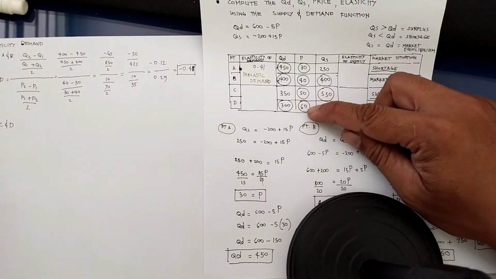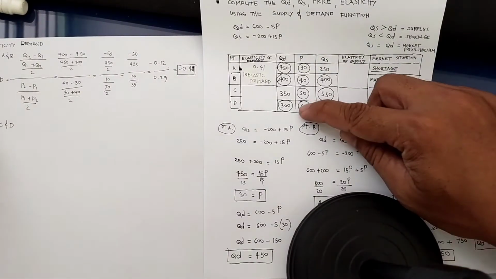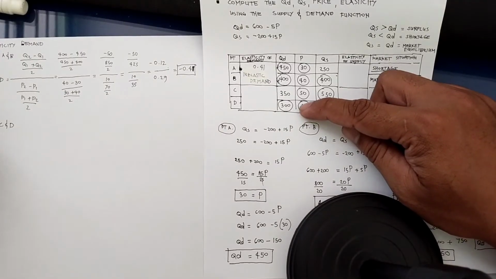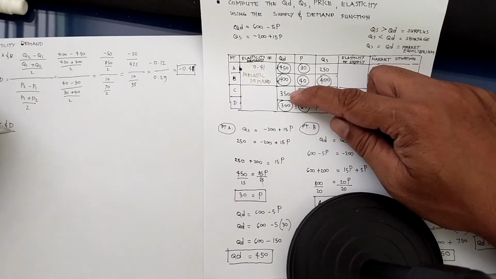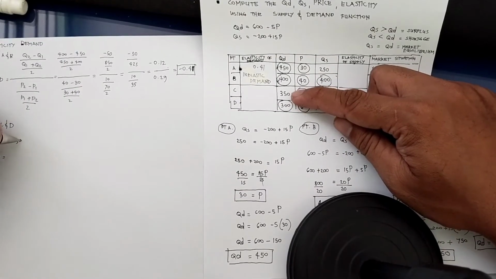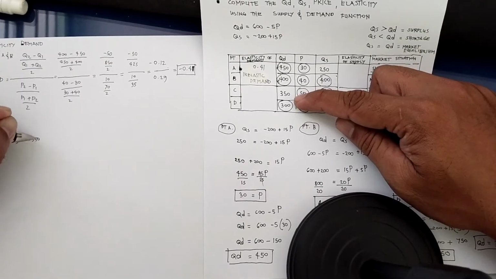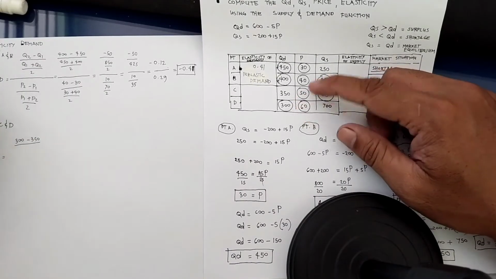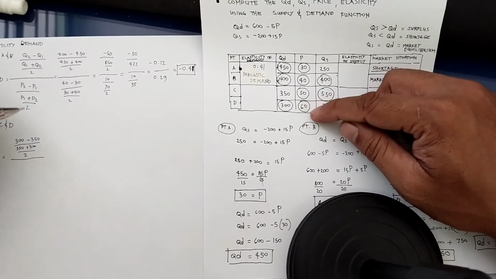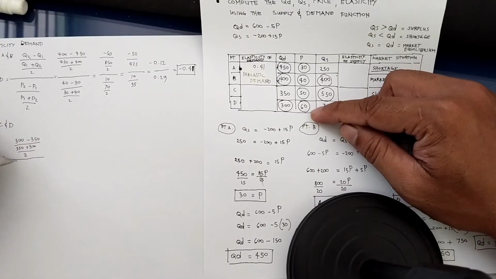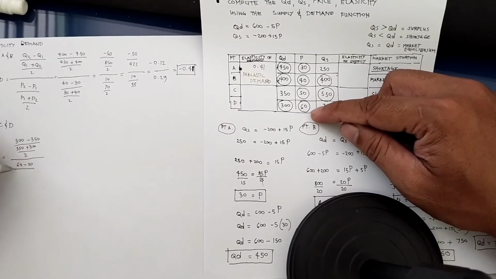So in point C and D, we use the same formula, elasticity of price demand, with Q2 minus Q1. So that would be 300 minus 350 over 350 plus 300 divided by 2, divided by 60 minus 50 over 50 plus 60 over 2.